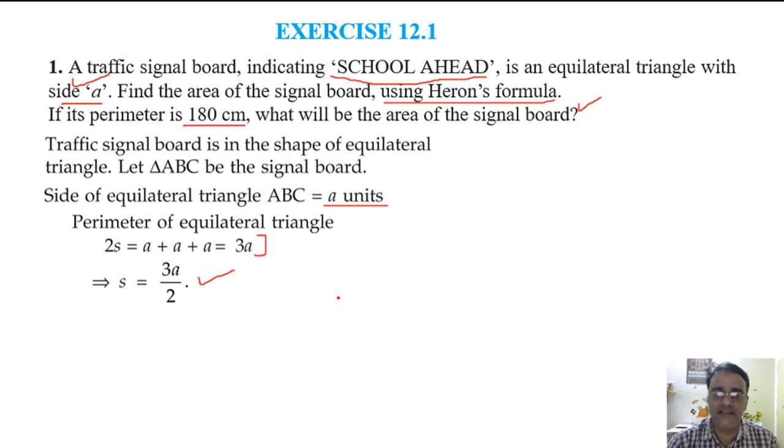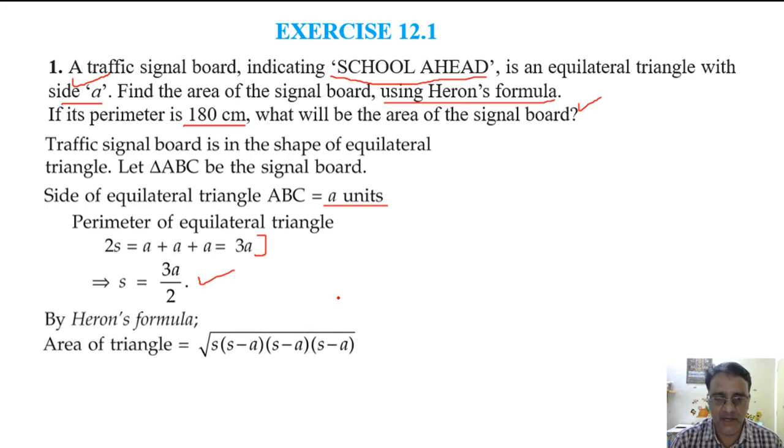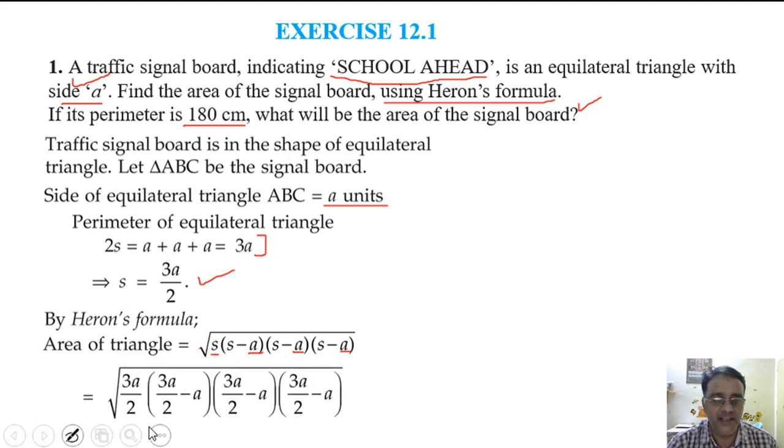Okay, the formula is root over s into s minus a into s minus b into s minus c. Now we'll substitute directly in this formula. As a, b, c are all equal, I wrote a. Now I'm going to substitute the value of s, that is 3a by 2.